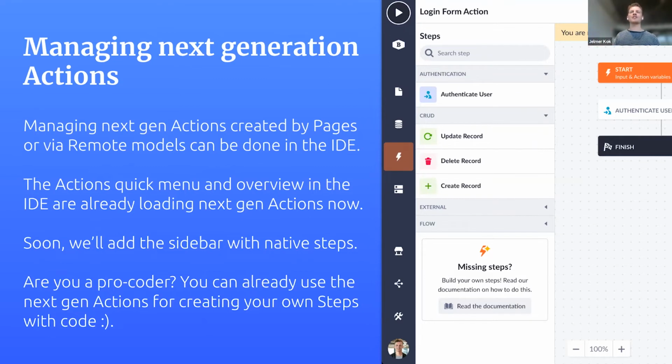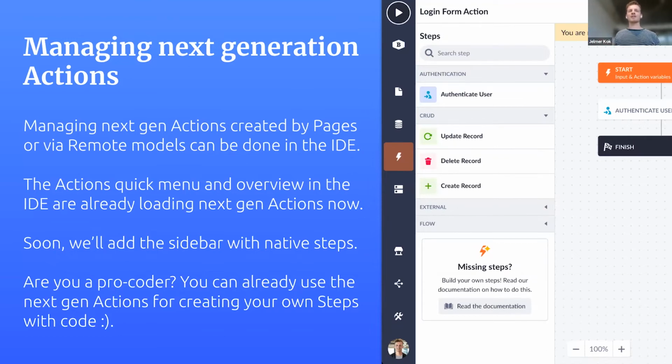So if you open the actions, you can go to the new actions and you can manage them. Of course, you can also navigate to them via the page builder component, what you are used to. But you can also now go directly to the action via the quick menu on the left and open the actions. Currently, the actions sidebar with the available steps is still empty.